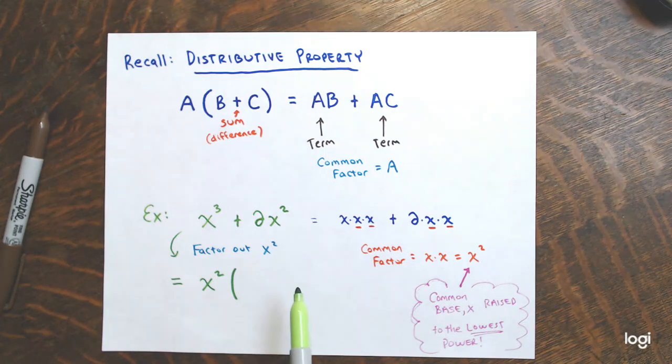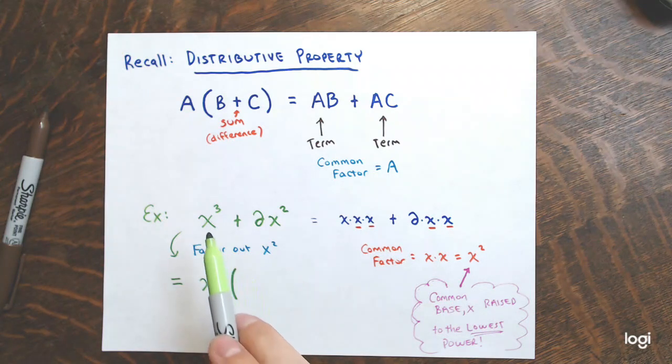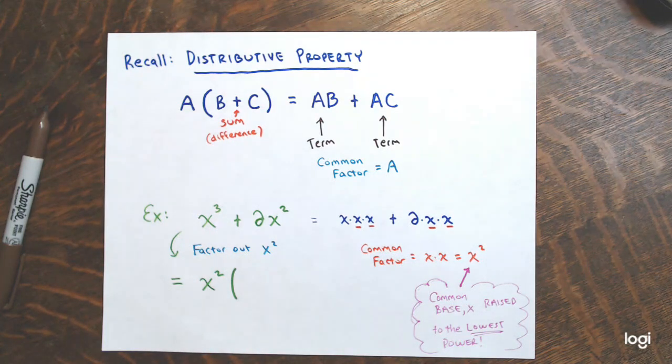What would need to be in here and here? What two terms would need to be there so that when I redistribute x squared, I'd get x cubed plus 2x squared back?